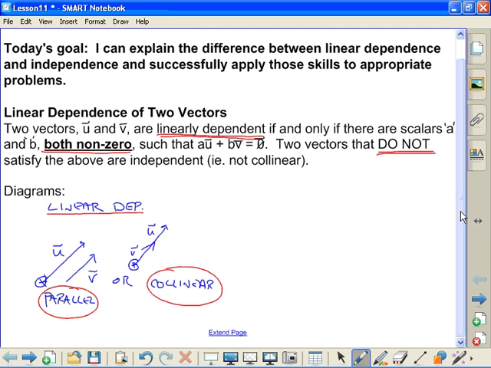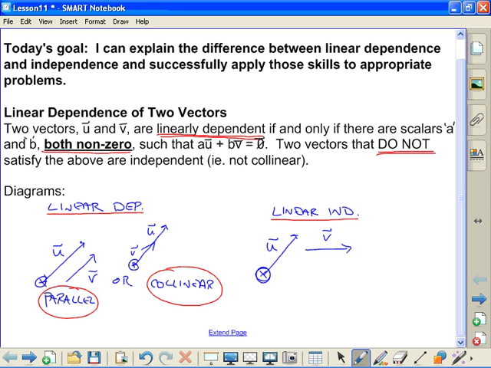So on the flip side, linear independence simply means that our two vectors, if I'm on vector u and vector v goes off to the right, I cannot move those vectors around. I can't take the v vector here and move it to get myself back to my starting point.